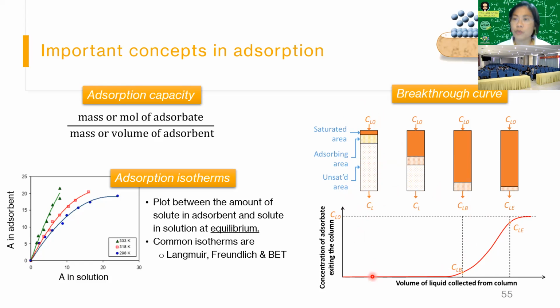For example, if you want to remove color, and the resin is very effective, you put the colored liquid in, and it will come out clear because all the color substance is adsorbed in the column. It comes out clear, and then you put more in.